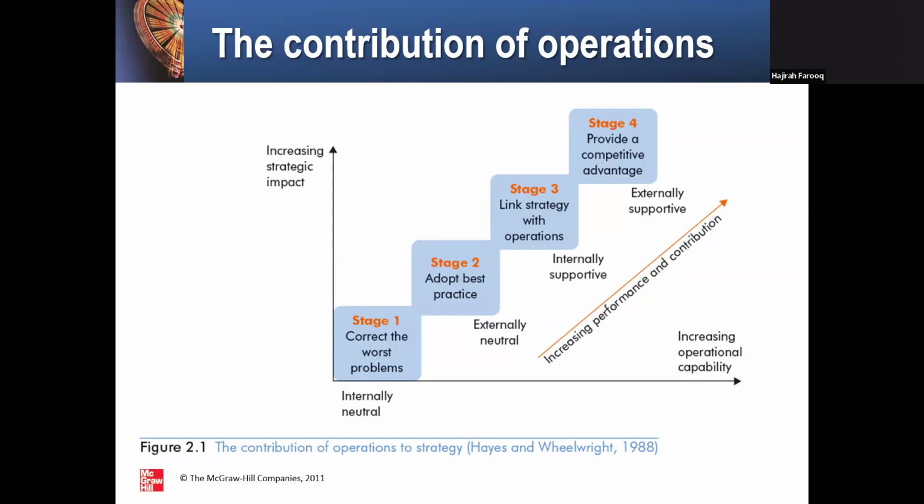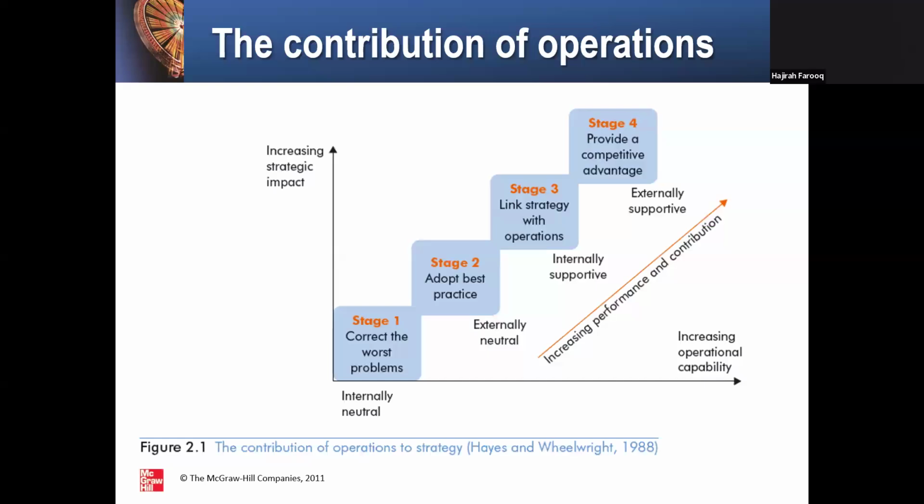This is a kind of graph which is divided into 4 stages, where in stage 1 we are more like internally neutral, and we're just kind of surviving, correcting the worst operational problems in the organization that we have. Then we become externally neutral in stage 2, and we try to adopt the best practices. And then in stage 3 we are further improving in our performance and contribution.